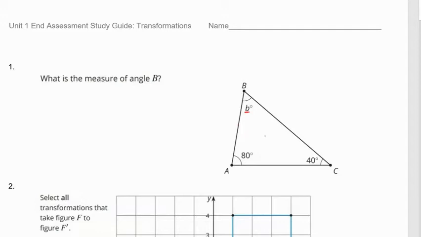Okay. What do we know all interior angles of a triangle have to add up to? Right, so the hint there is the triangle sum theorem.